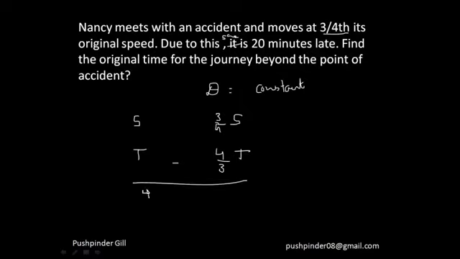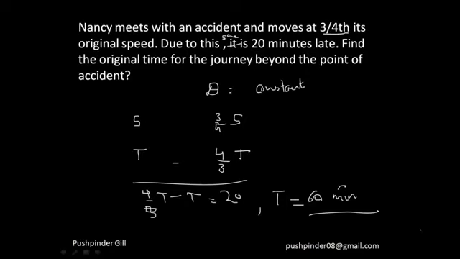That means 4/3 t minus t is 20 minutes, right? So if you solve this expression, you'll get the original time taken to be 60 minutes. Fine. You see, the question became so easy for us.